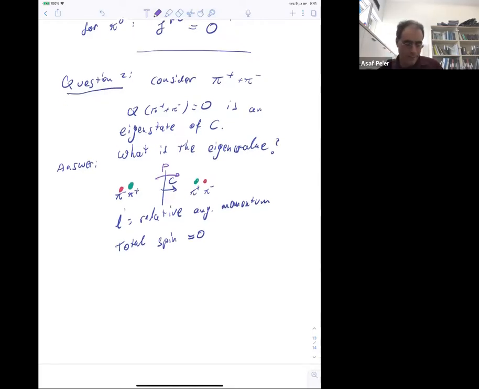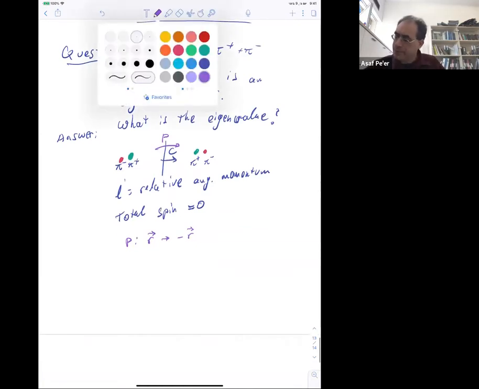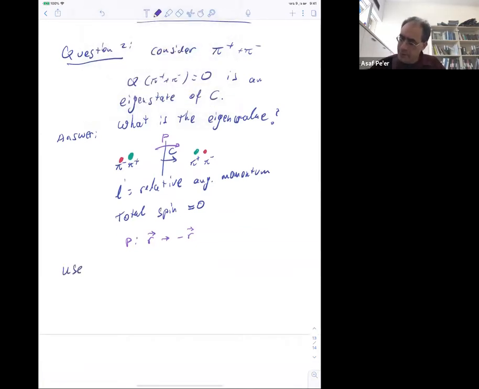P means that I take r and convert it into minus r, which is what we just did. So for this particular case, we can use the properties of the parity transformation.